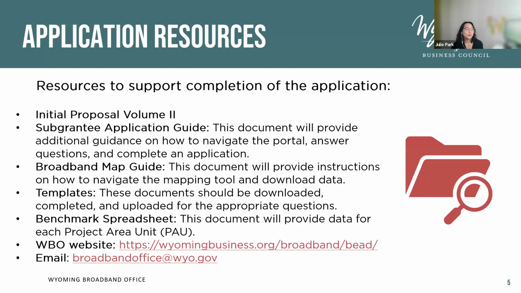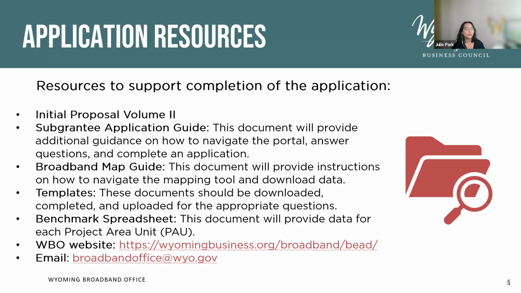Next, we have the subgrantee application guide. This was uploaded on Friday to the WBO website, and this provides additional guidance on how to navigate the portal, answer the questions, and generally just complete an application. So a lot of what we discussed today is covered in the application guide. Next, the broadband map guide.